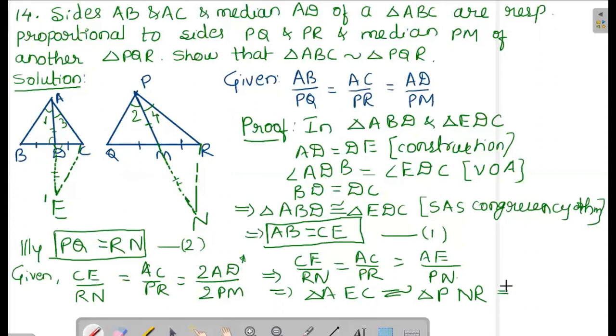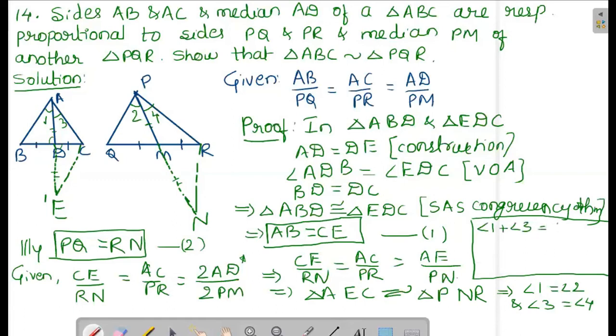This implies angle 1 is equal to angle 2 and angle 3 is equal to angle 4. Okay, so now I'll write here. Please make the adjustment because this proof is lengthy, so I am writing here. So angle 1 is equal to angle 2, angle 3 is equal to angle 4, or angle 1 plus angle 3 is equal to angle 2 plus angle 4.